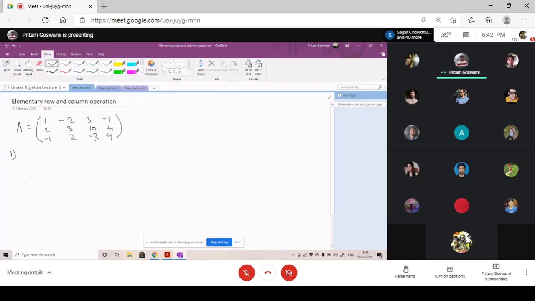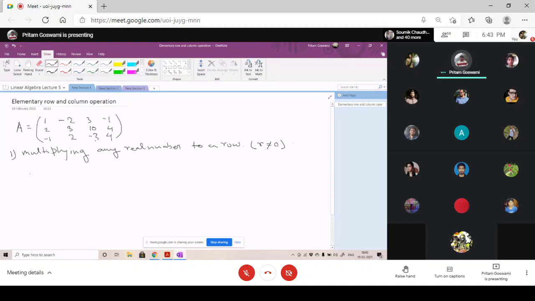The first is multiplying a row by a real number, and it must be non-zero. The real number r should not be zero.